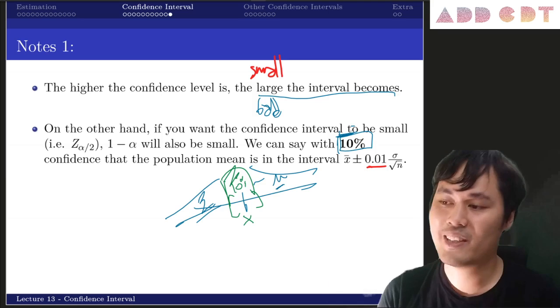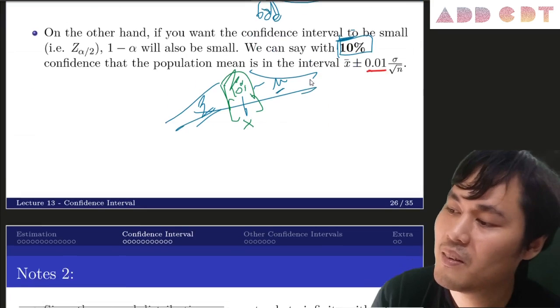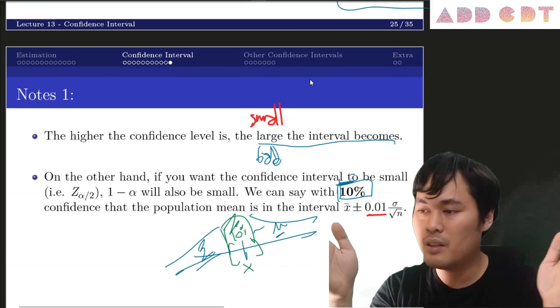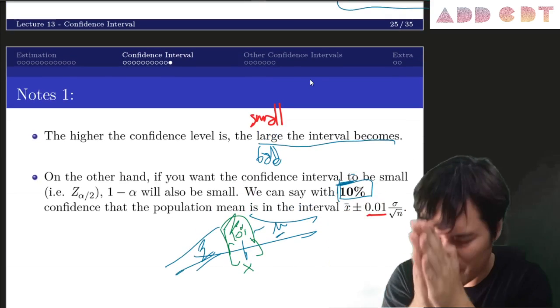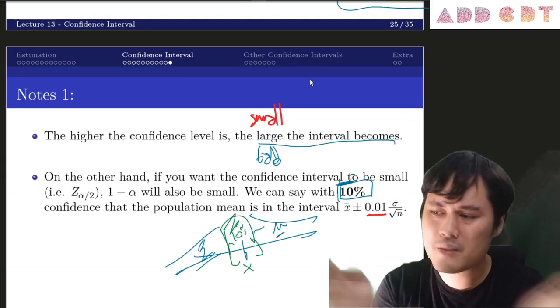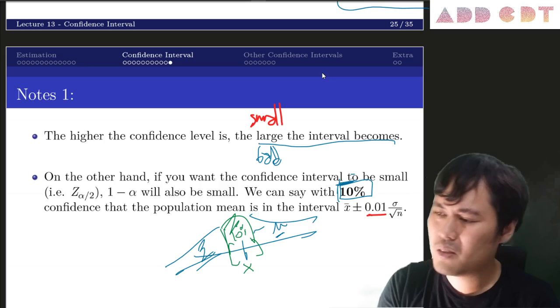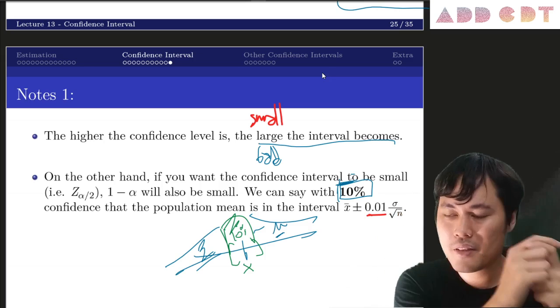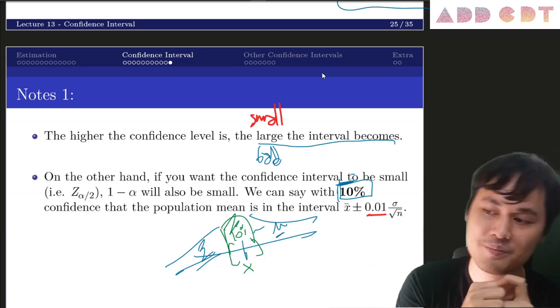Panic. Of course, if it's bad to be large and bad to be small, then we want to find the right balance between large and small. We want a somewhat decent interval, and we want a somewhat decent confidence level.